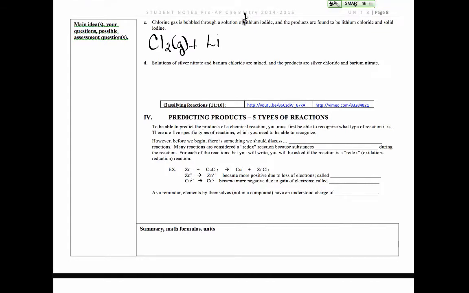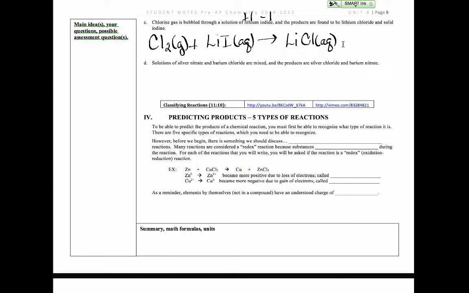Lithium is +1, iodide is -1. So I've got lithium iodide, and that's aq. And the products are, that means I'm going to put an arrow to get to my products. Lithium's +1. Chloride's -1. It's group 1. All group 1 salts are soluble without exception.